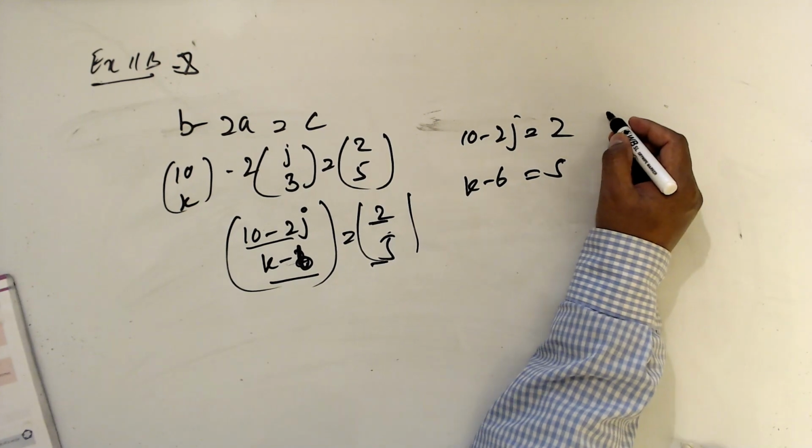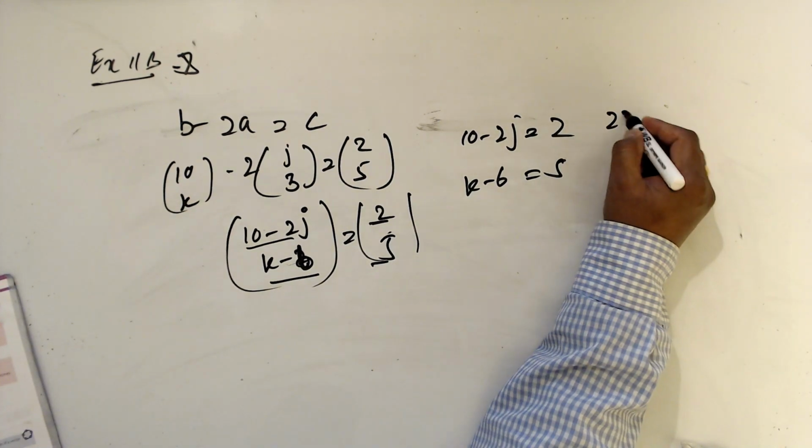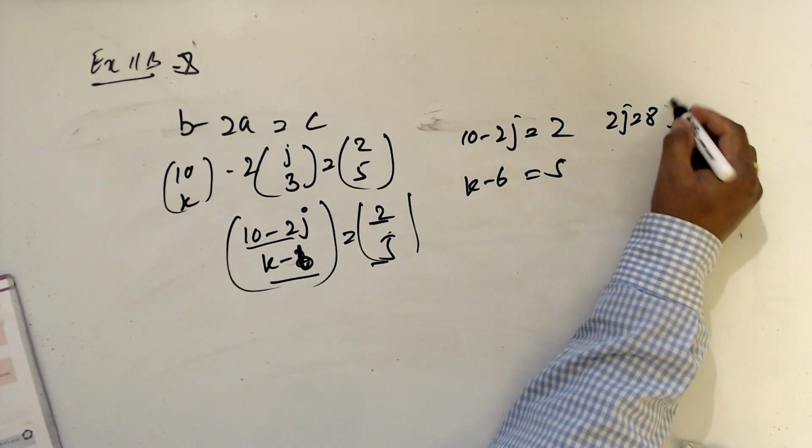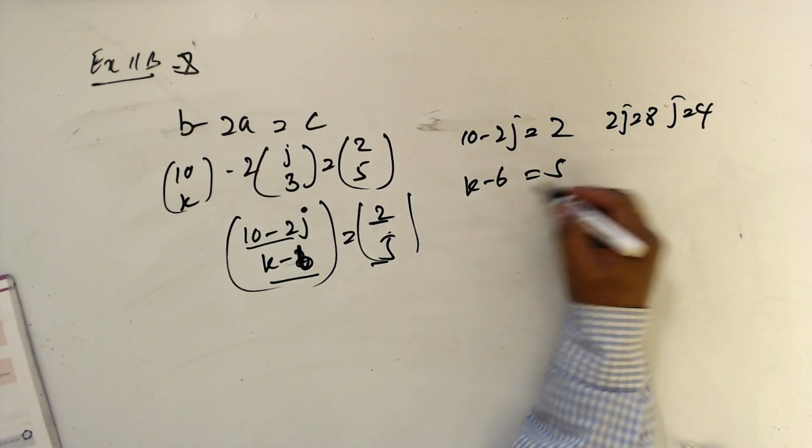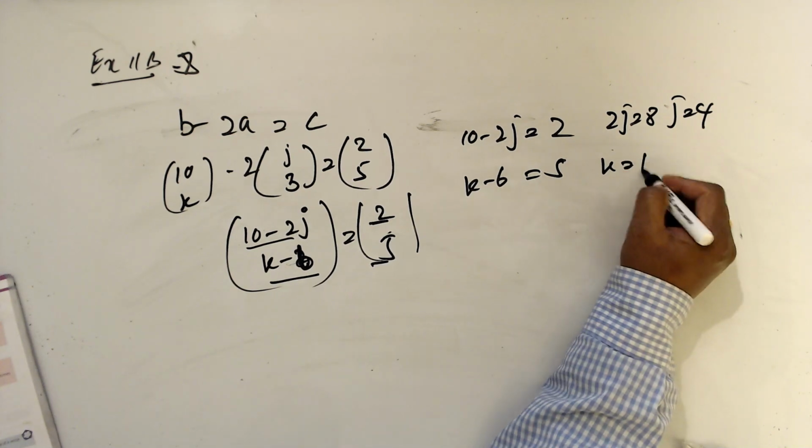So then 2j equals 8, j equals 4, and k equals 11.